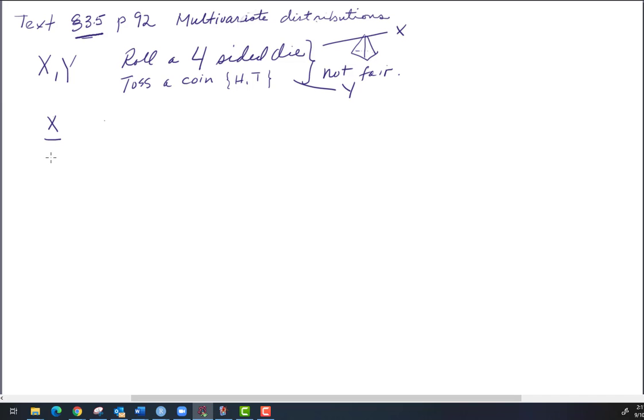So x could be 1, 2, 3, 4. And p of x, now we're assuming that someone has altered this die, and so these are not going to be in lowest terms, but let's suppose that the probability that it comes up 1 is 2/16 and 3/16 for 2 and 4/16 and 7/16, and you know that has to add to 1 if we've done it correctly.